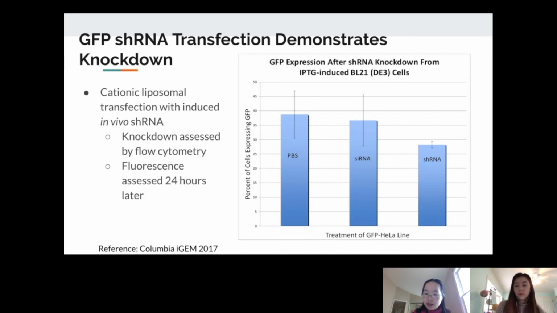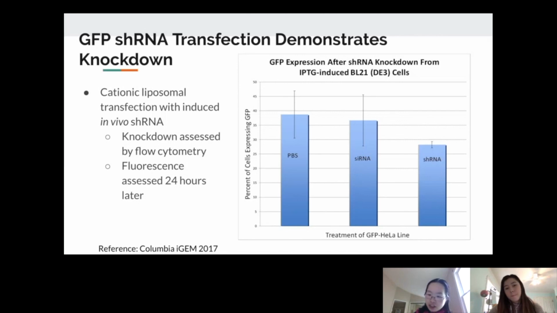As a result of this, you can see the PBS is our negative control. So that's just the cells that express GFP. The cells had already been engineered to express GFP. So the mammalian cells expressing GFP with no shRNA. We purchased an siRNA, which is basically a pre-processed version of the shRNA. And this commercial siRNA was designed to specifically target the EGFP gene that was in our mammalian cells.